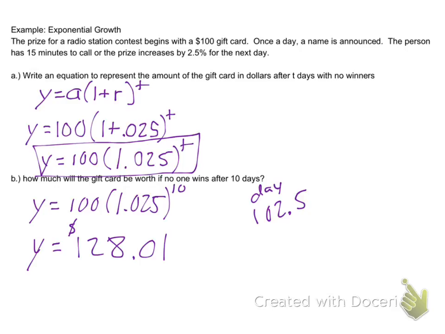So if that's the case, 10 days later, wouldn't I just have to do 2.5 times 10 and add it in? What's 2.5 times 10? It's 25. Do you notice that if I thought the first day's increase was the same as the increase always, you'd be wrong.